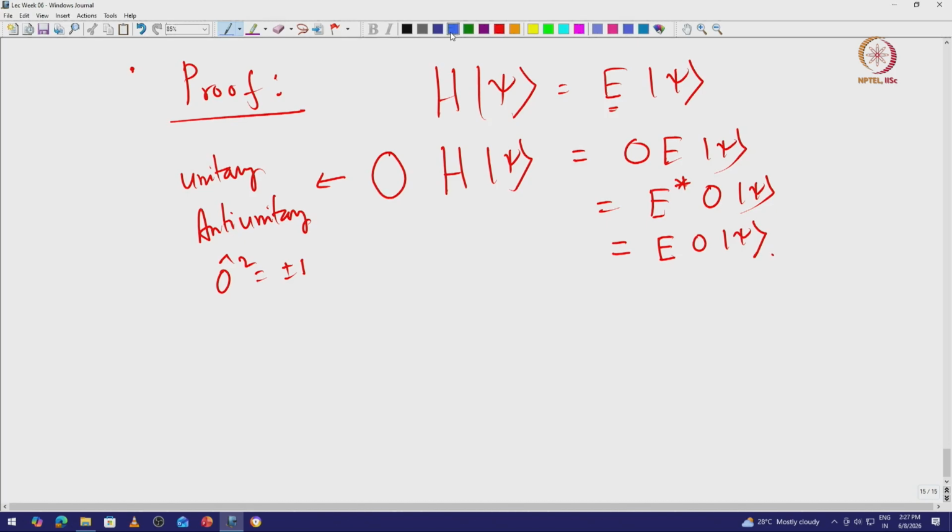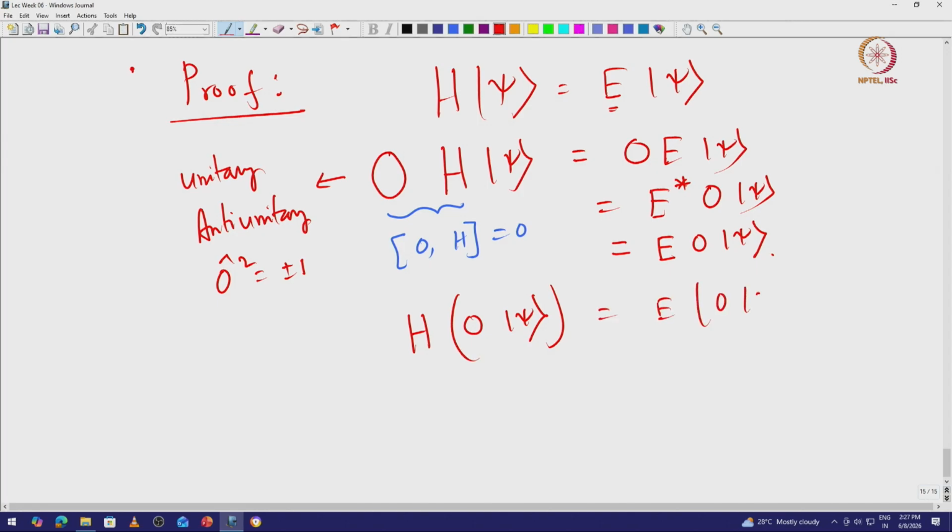Now we also assume that they commute, which means we can just change the order, and that is what we get. That means if psi is an eigenstate of the Hamiltonian, O psi is also an eigenstate with the same eigenvalue.